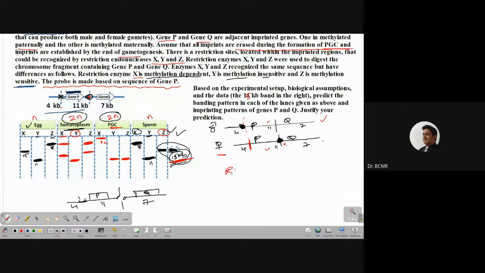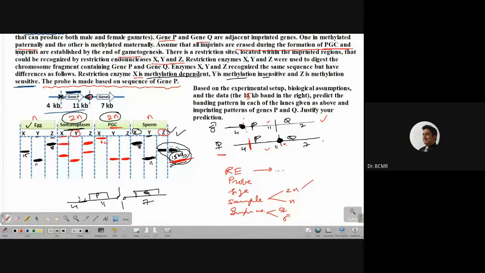We need to know about restriction endonucleases, methylation dependent, where the probe is located, the sizes, the sample, and we need to keep track of imprinting. In the sample, we need to know if it is haploid or diploid. And in imprinting, whether it is maternally or paternally imprinted.